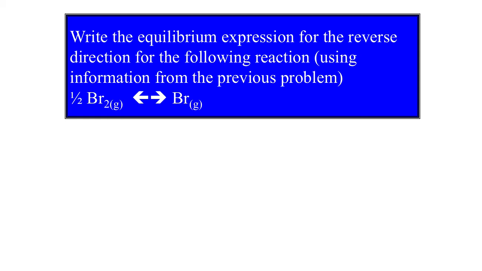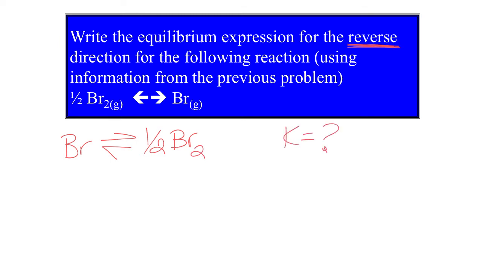All right, so this next example is just a continuation of our previous one. They give us that original reaction, except it's been cut in half, but they want the reverse of that reaction. So we would want Br to 1/2 Br2. And we are looking for the value of K. That is basically the reaction that we just did, where we got K being 4.5 times 10 to the 14th.